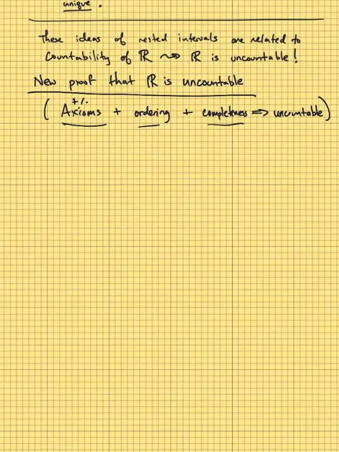And okay, so to prove this, again, I'm just going to show that (0,1) is uncountable. So we're going to do proof by contradiction. So suppose that (0,1) is countable.